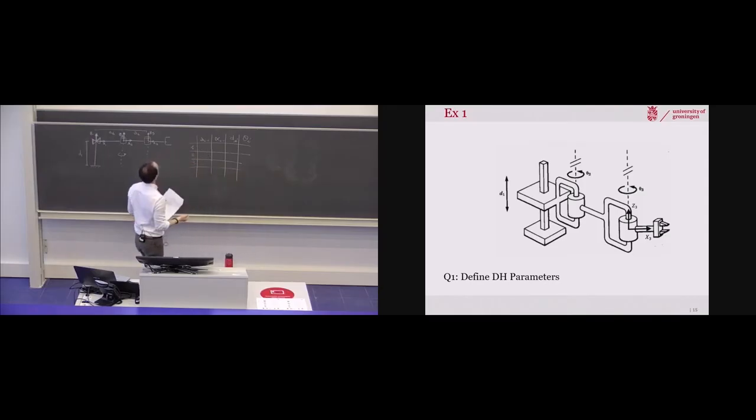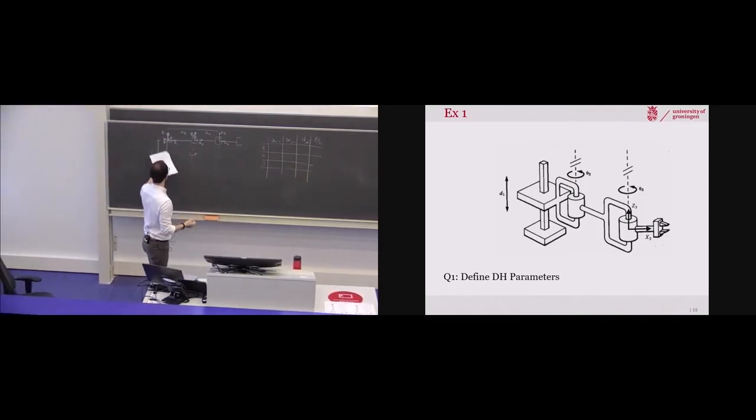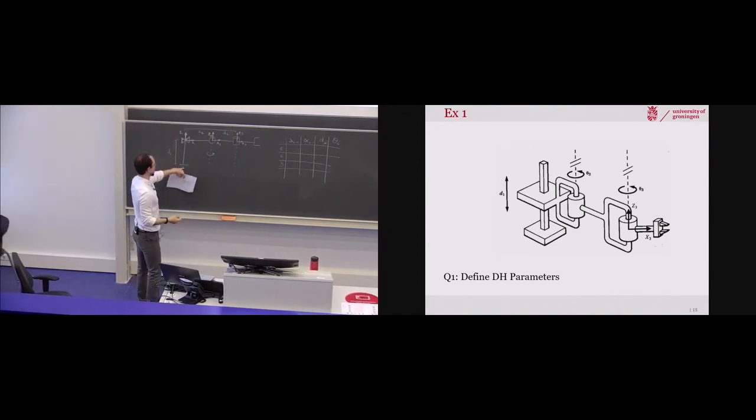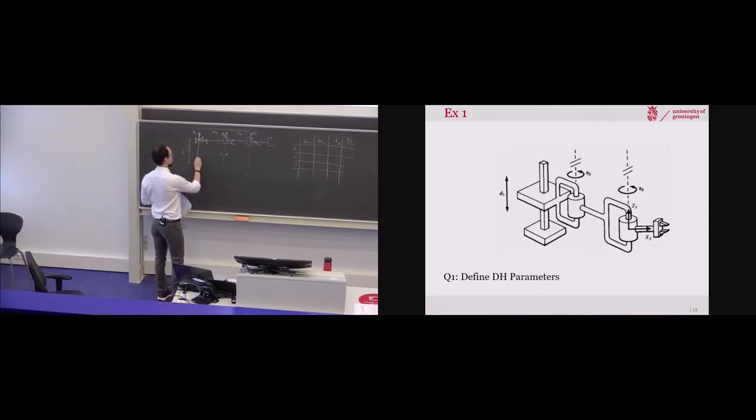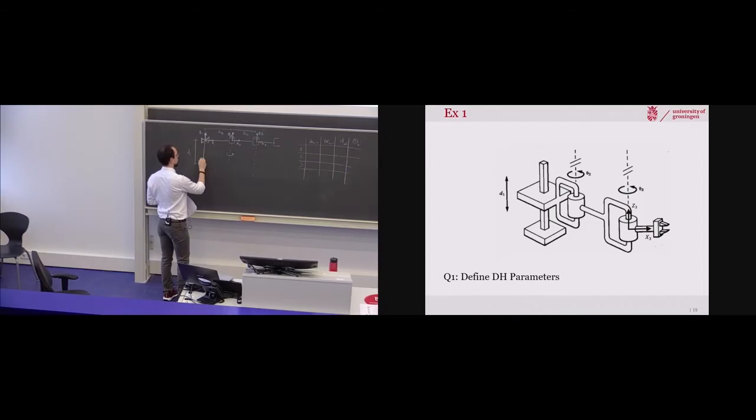Okay, and another thing in this case: frame 0 is placed over here because it is congruent to frame 1, but with the joint variable set to 0. If d1 is equal to 0, then the frame would be here. So here is z0, and here is x0.